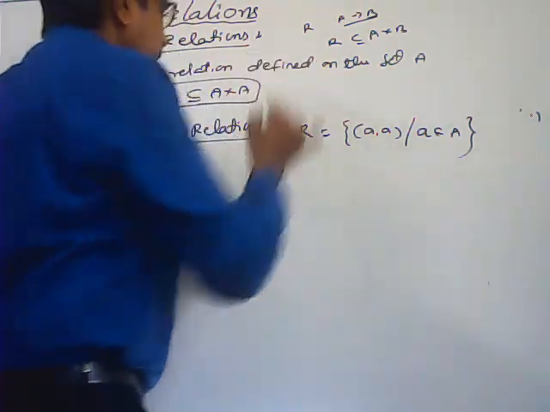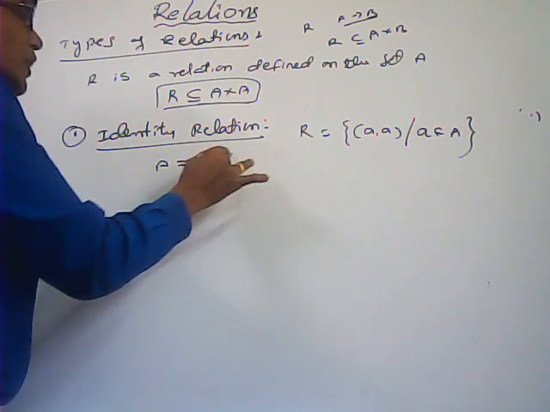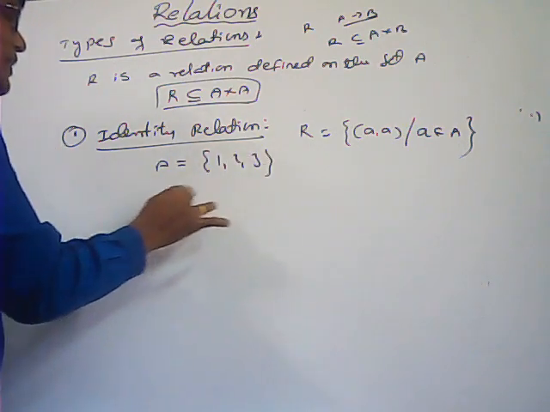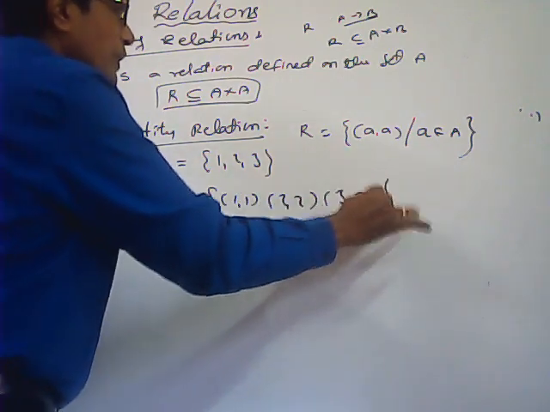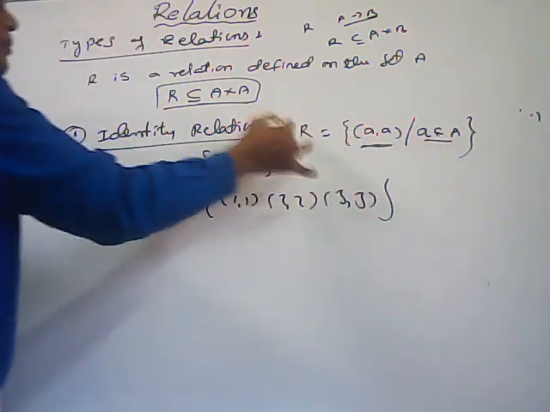For example, A is equal to set of 1, 2, 3 elements. R is equal to 1, 1, 2, 2, 3, 3 only. A belongs to A, here A comma A belongs to R.